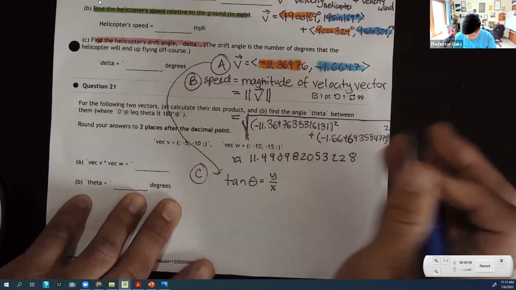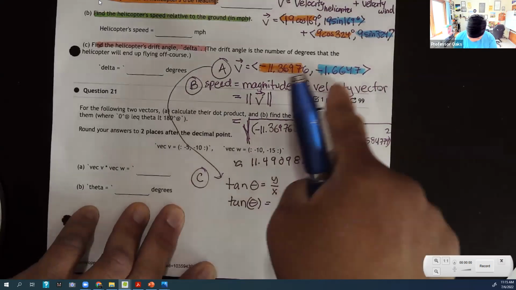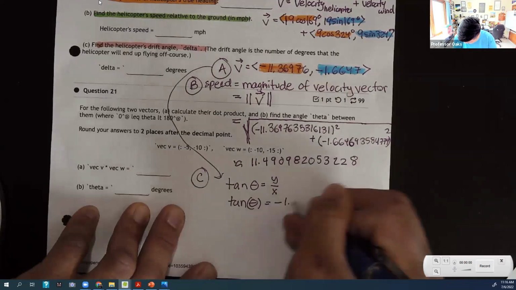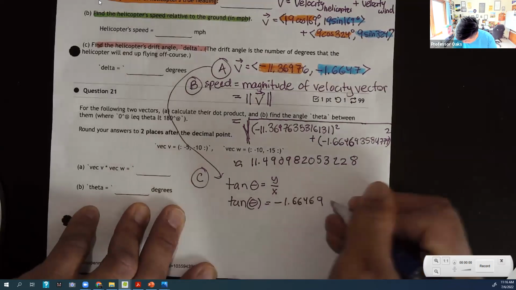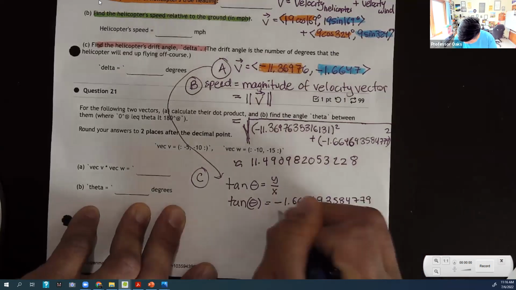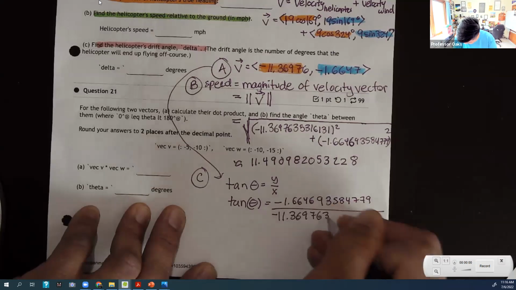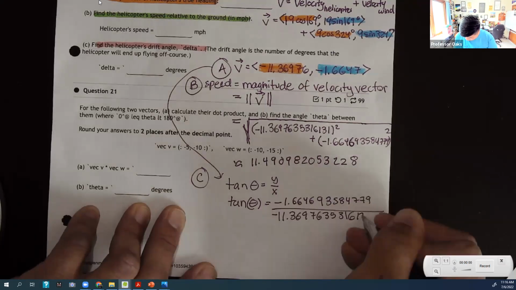So tangent of theta will be negative 1.6646935847779 over negative 11.3697635316131.